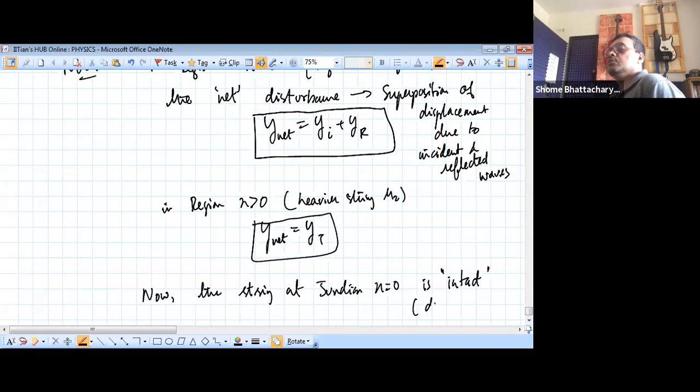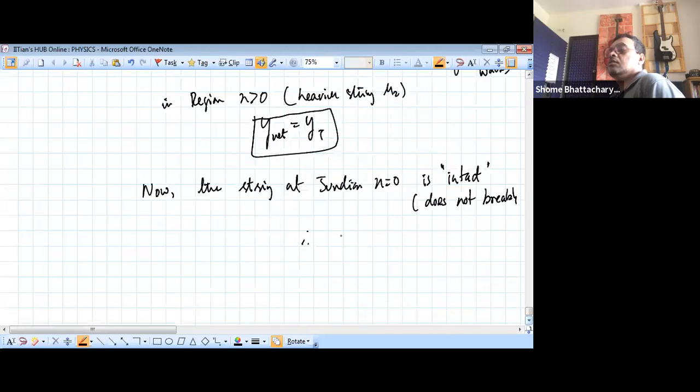We are assuming it does not break. So if there is no break in the string, that means y as a function of x should be continuous at the junction, because the string should not break.